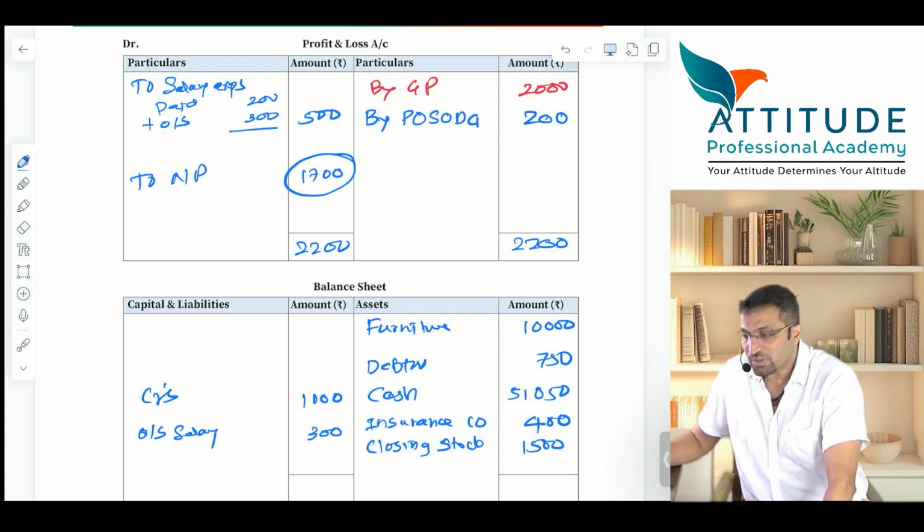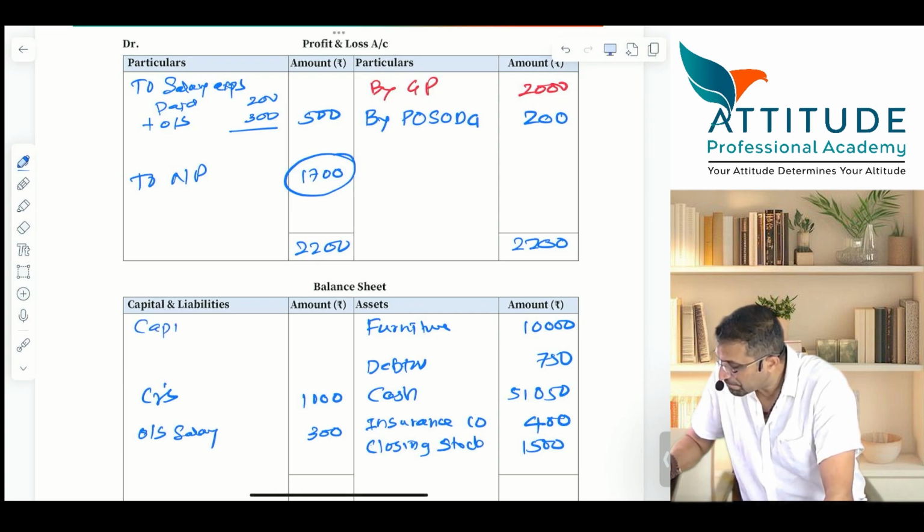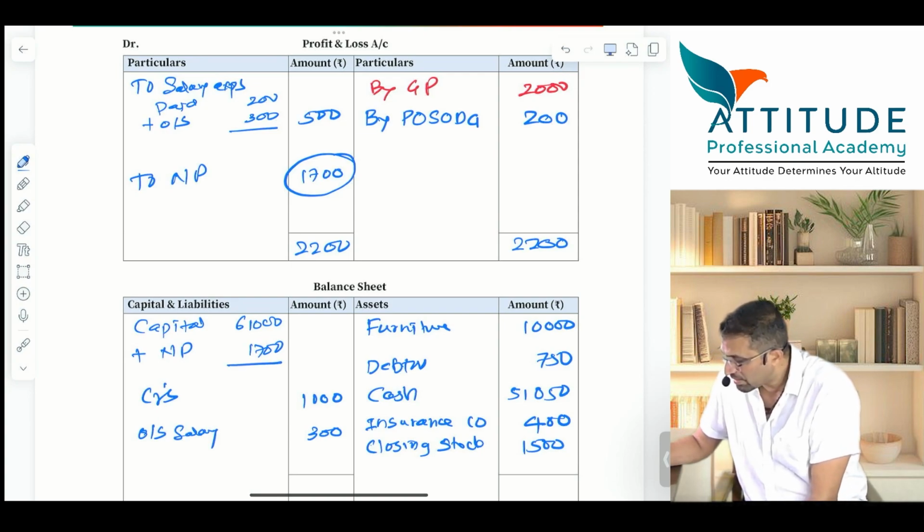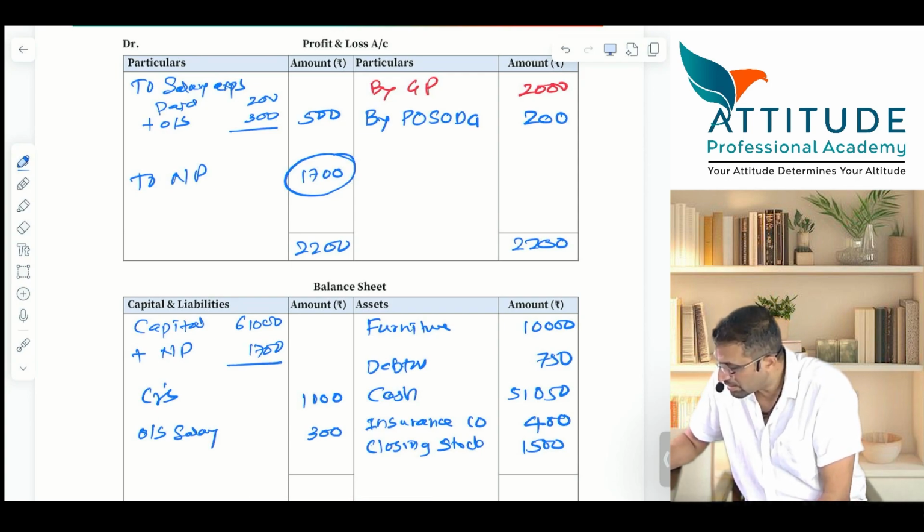Up till here, all of you understood? Last, capital. Inner column 61,000. Add net profit, कितना है? 1700 total. 60.